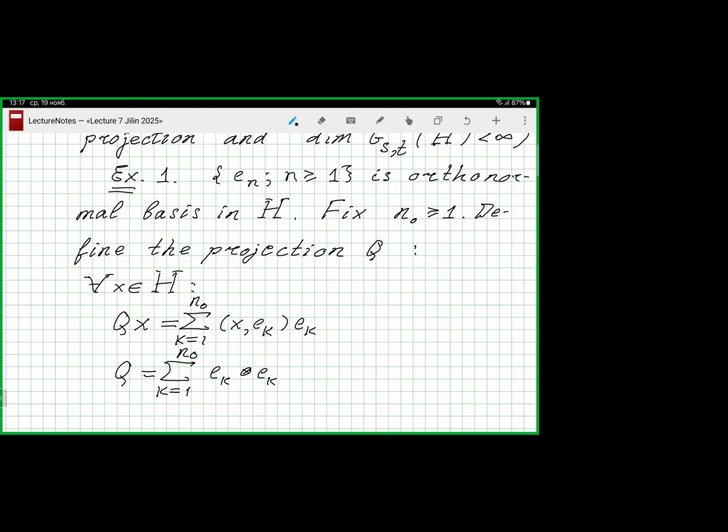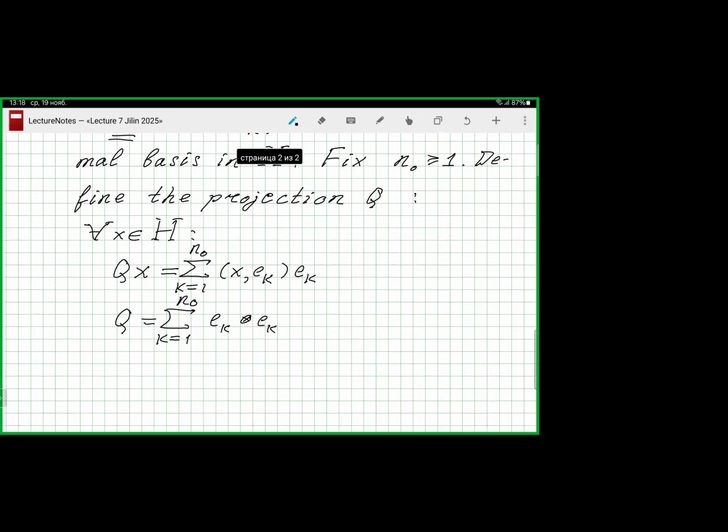And of course, it is only my choice that I choose the first coordinates for the construction of Q. Everybody understands that I can choose an arbitrary finite subset of the natural numbers as numbers of coordinates which remain alive under our projection Q. And this gives us the idea how to construct the infinite dimensional semigroup of such projections. So, the construction of the semigroup.